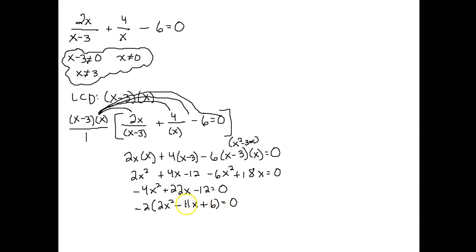Factors of positive 12 to add to a -11. Not happening. So not factorable. So we're going to need to use the quadratic formula on 2x squared minus 11x plus 6 equals 0, where a is 2, b is -11, c is 6.